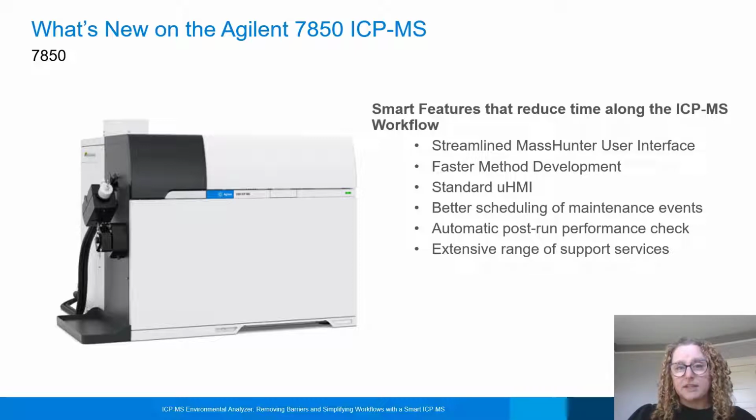We also have standard UHMI on the 7850. We have improved our maintenance, and now we have better scheduling of maintenance events. We've also made automatic post-run performance checks, and we have an extensive range of support services. And I'll get into examples of all of these in the coming slides.